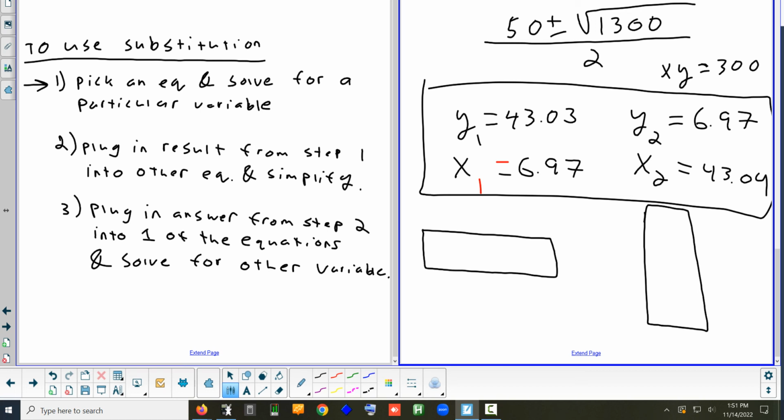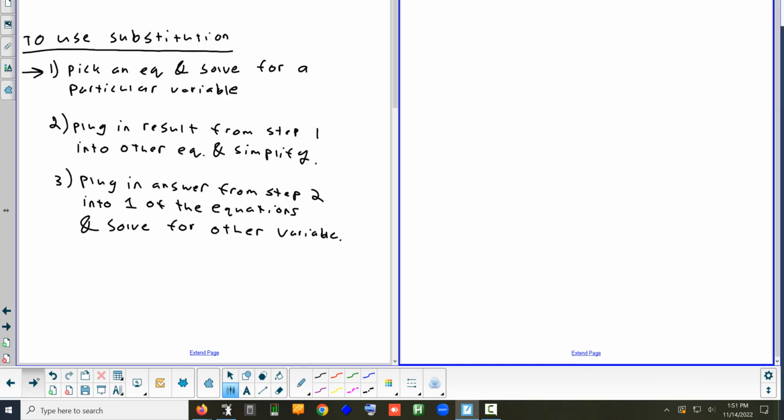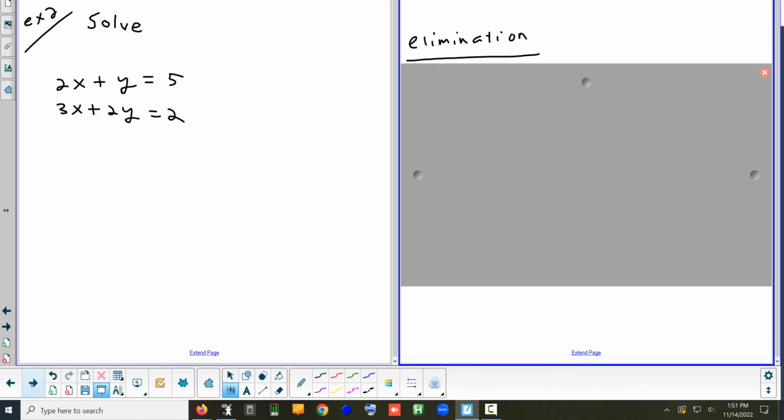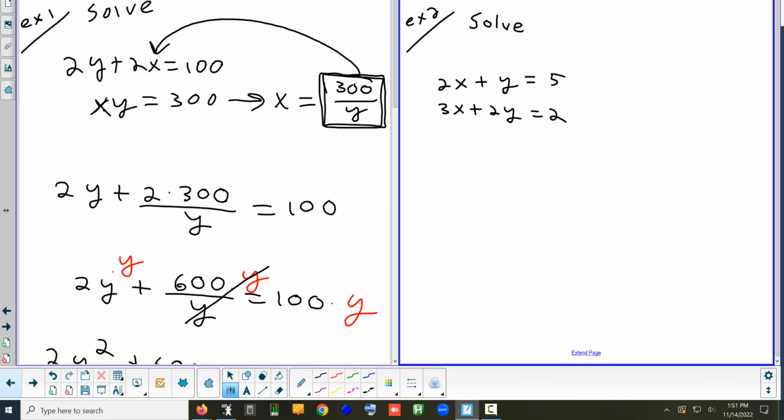Someone remind me, what was that method called that we just did? Substitution. So substitution is when you solve for one variable and you plug it into the other equation. What's the name of the other method I said we were going to try? Yep. Elimination. So let's do one more with substitution, and then I'll show you elimination.